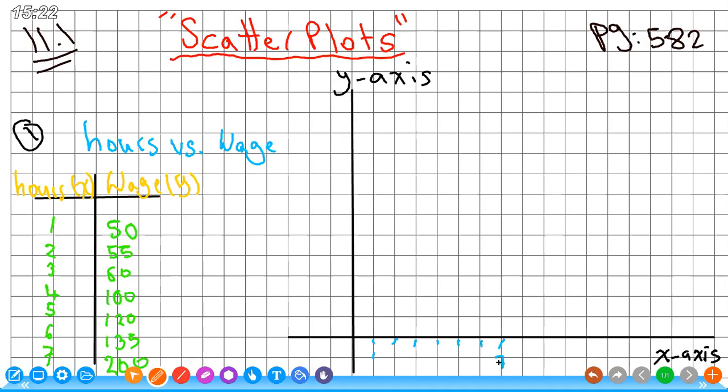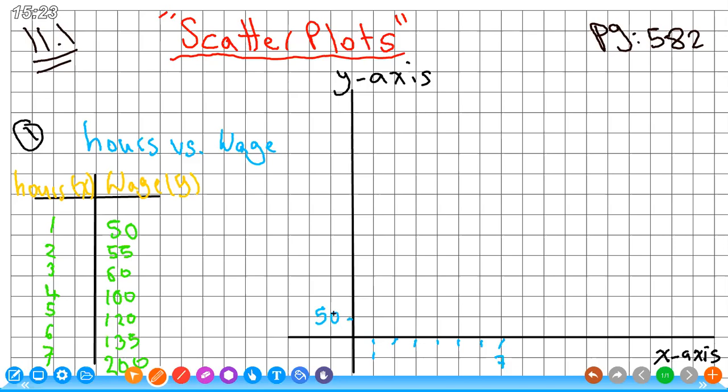For the y-axis, you need to decide about your range. As you can see, it's big. We started from 50 and we end at 200, so it's not easy to fit all of these values on the y-axis. We need to decide on a range. For example, let's say I'm going to start from 50, because this is our first value.